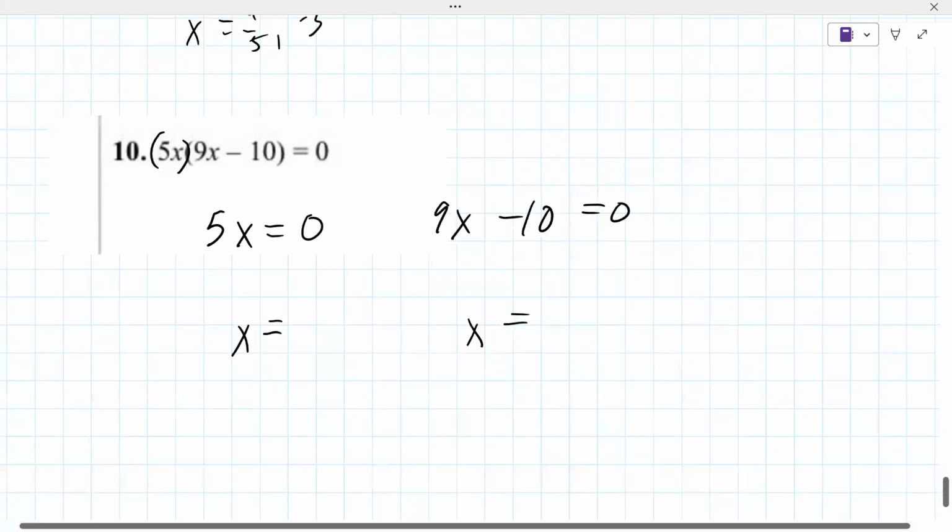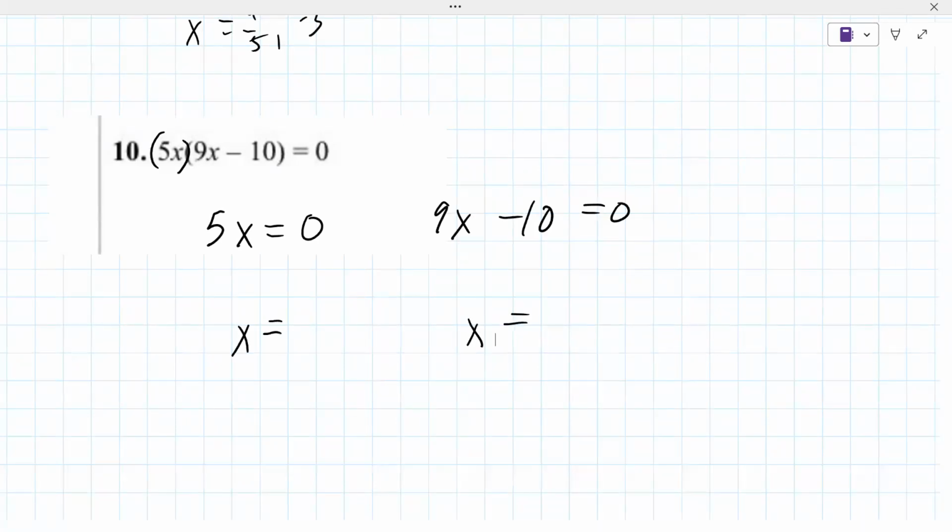Could you solve these for us, please? I got x is equal to 0 and 10/9. That is correct.